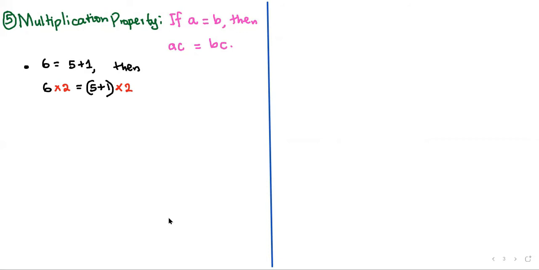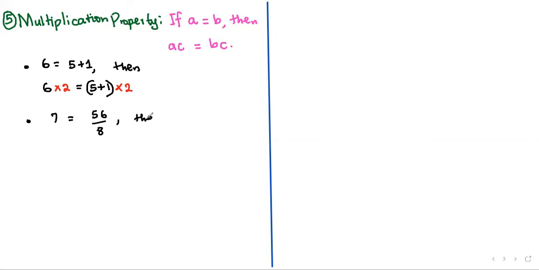Another example of this property to make you understand this very well. For instance, if I say that 7 is equal to 56 divided by 8, you see that?